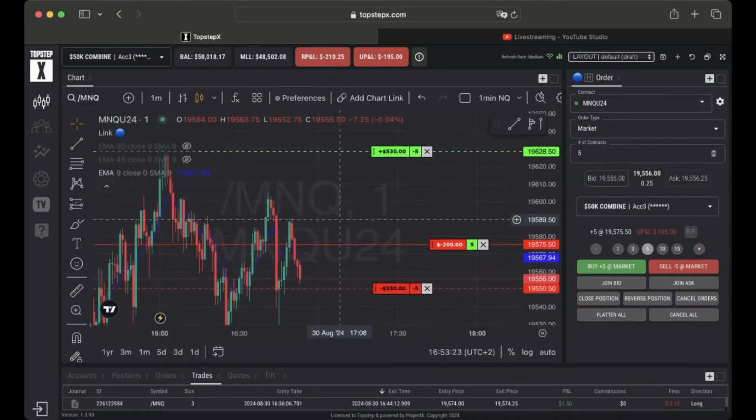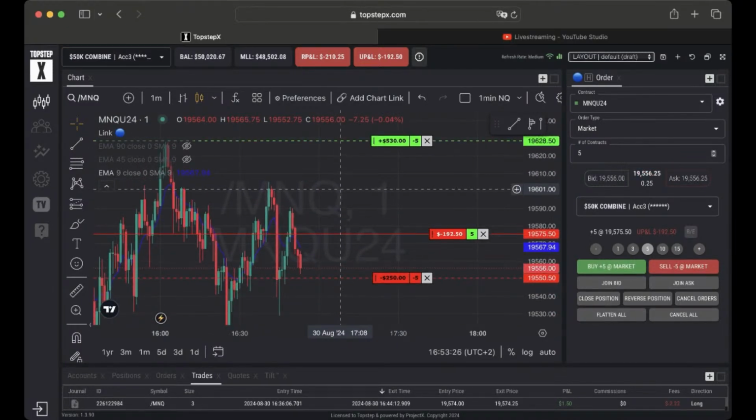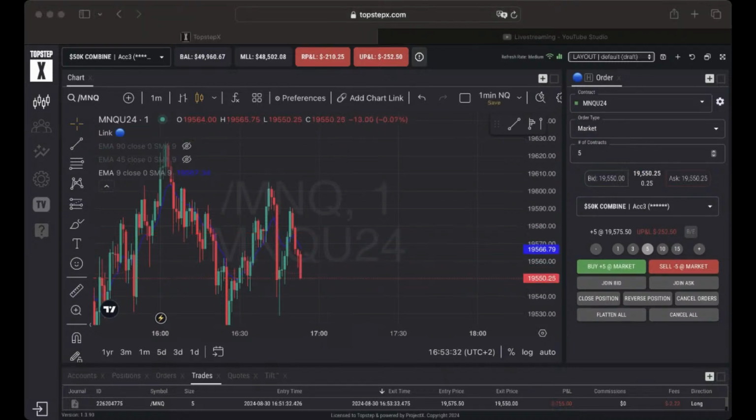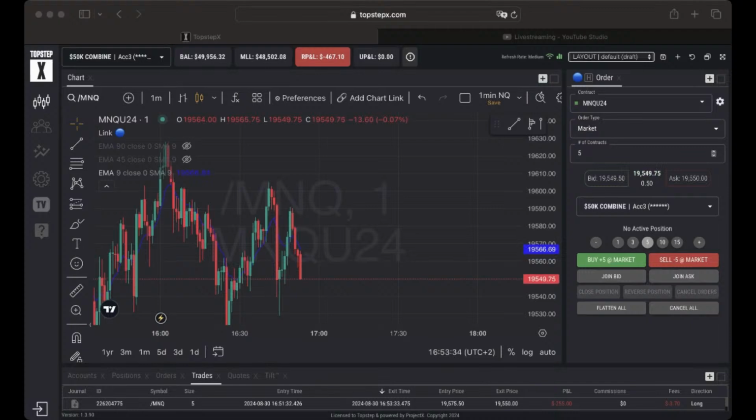This is my other account. So what I could have done better with this long is definitely, maybe this internal liquidity sweep is not that strong with the 1 minute. I should have just waited for the tap back in the 4 hour.